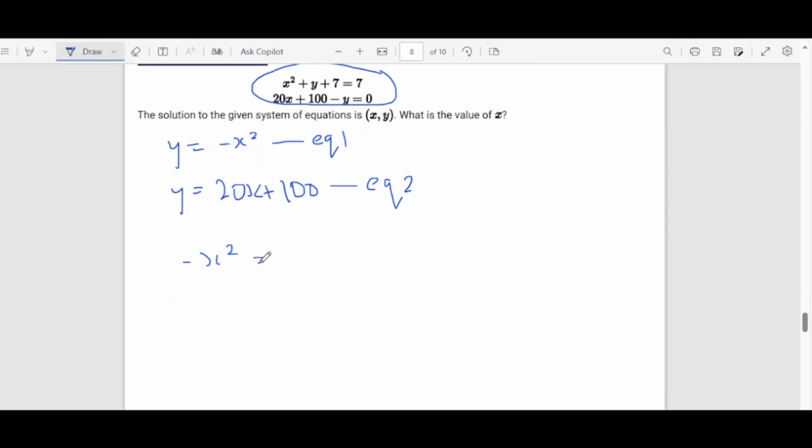Minus x square equals 20x plus 100, and this becomes x square plus 20x plus 100. And putting this inside of our calculator, this gives us minus 10. So our answer here is minus 10.